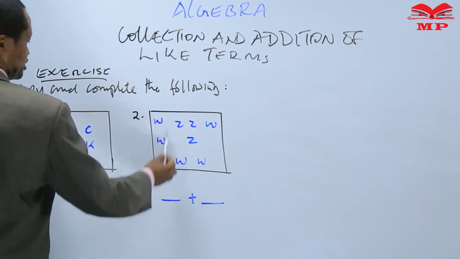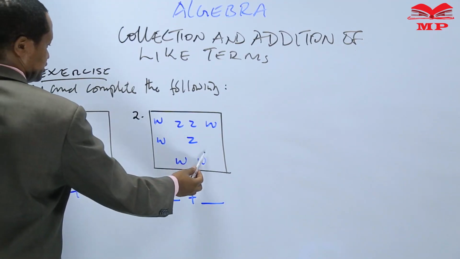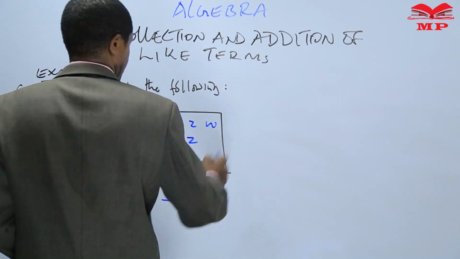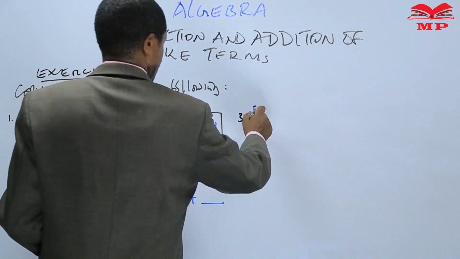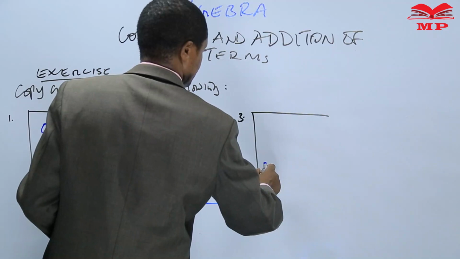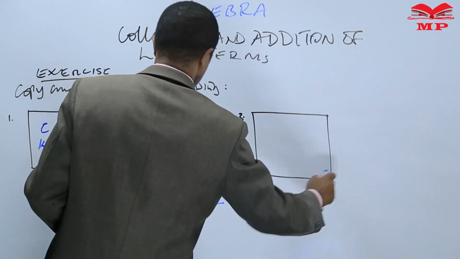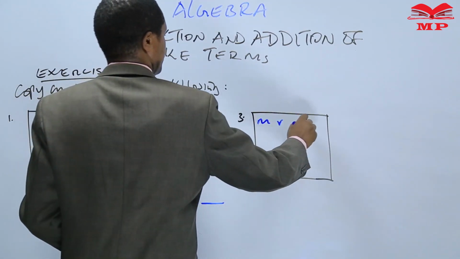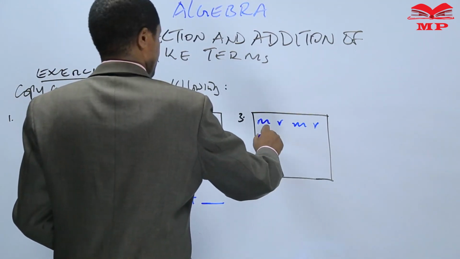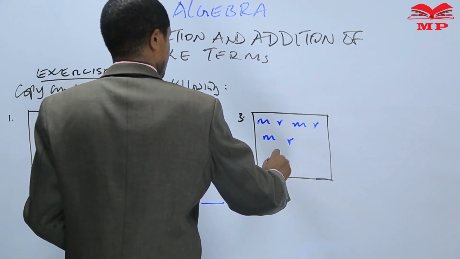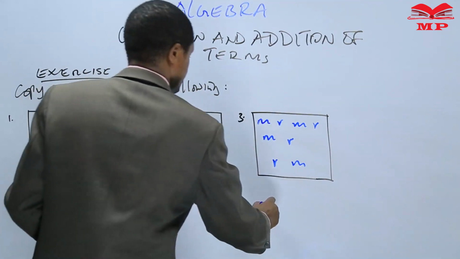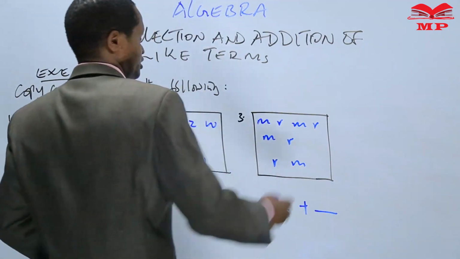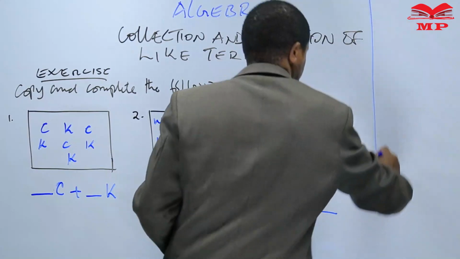How many W's are there? You write. How many Z's are there? You are also right. Then we move on to the third exercise I want you to do. I'll have another box there. M, R, M, R, M, R, R, M. Dash plus dash.